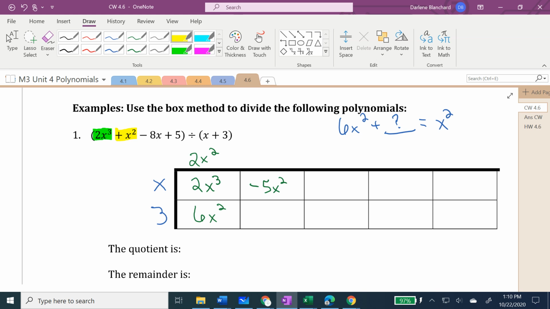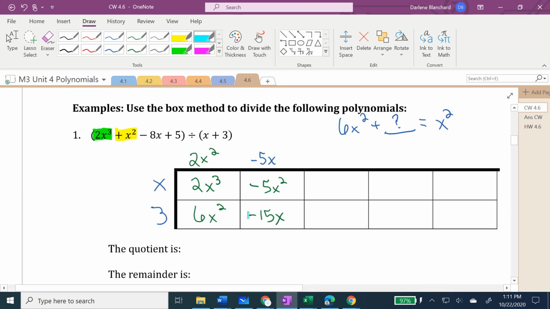Here comes round 2. You need to figure out what goes here, and apparently you already have. I need this to be negative 5x if it's going to multiply to x and give me negative 5x squared. Then the next thing is, I can determine this box by multiplying the 3 and the negative 5x. And then the next step is the one that people have a little bit of difficulty remembering.